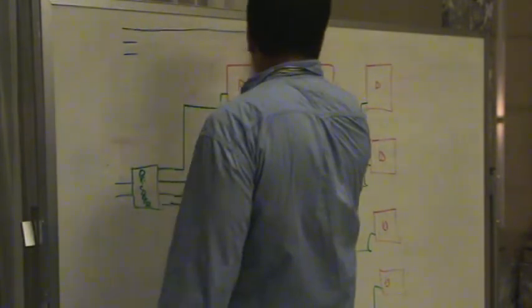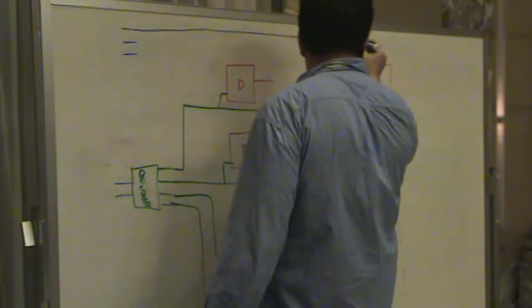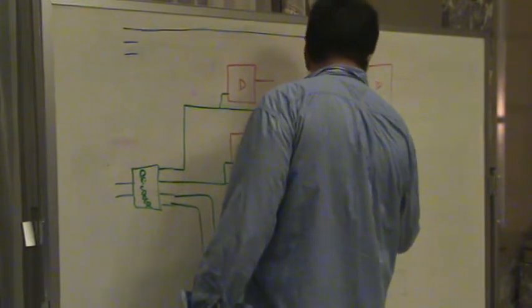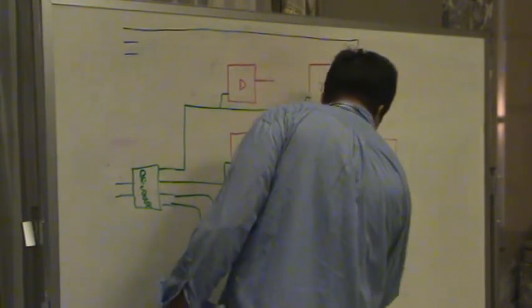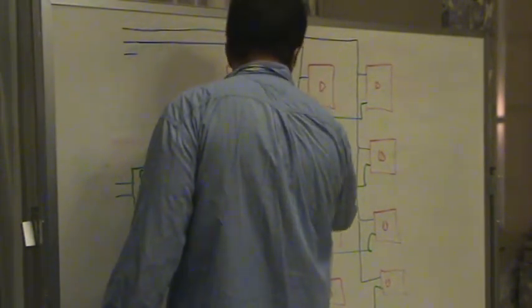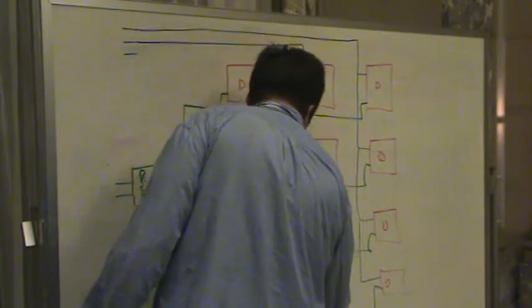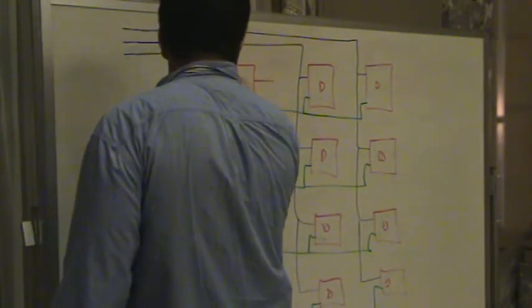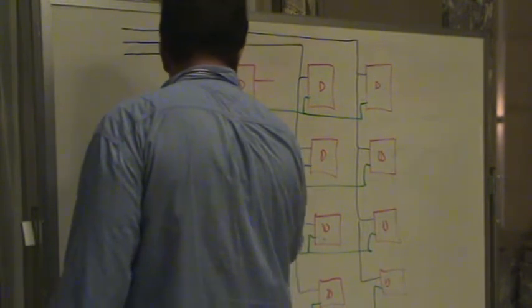This is our input. I'm going to wire this into every flip-flop. The second bit coming in, I'm going to wire into the second row. And the third bit goes into the first row. This will be the high order bit.